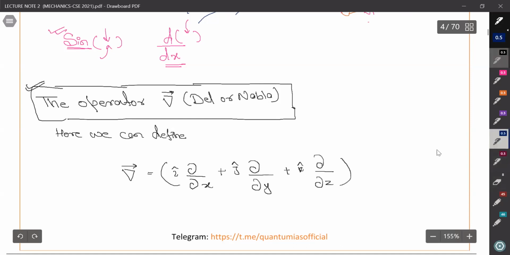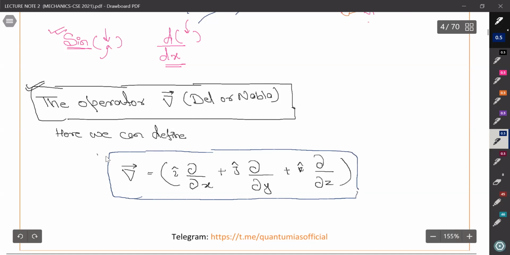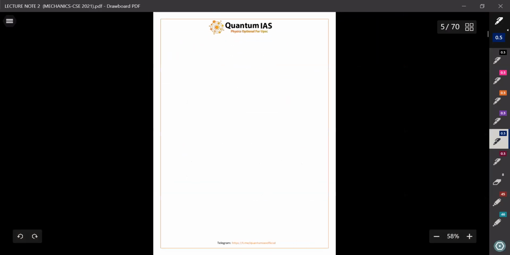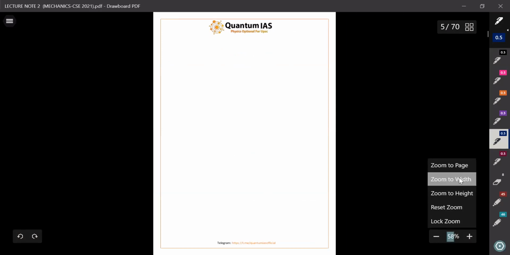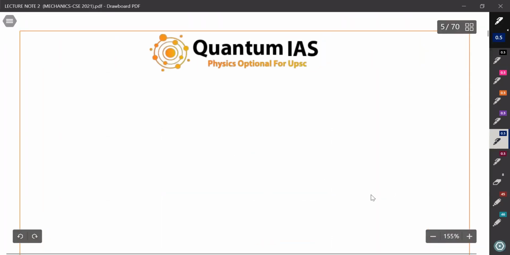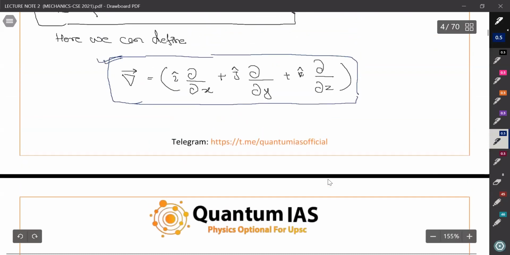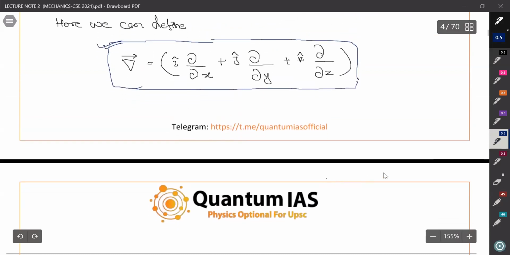So this relation represents the del operator. This is the del operator.